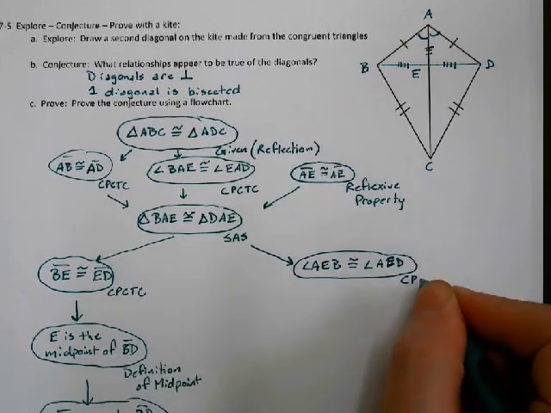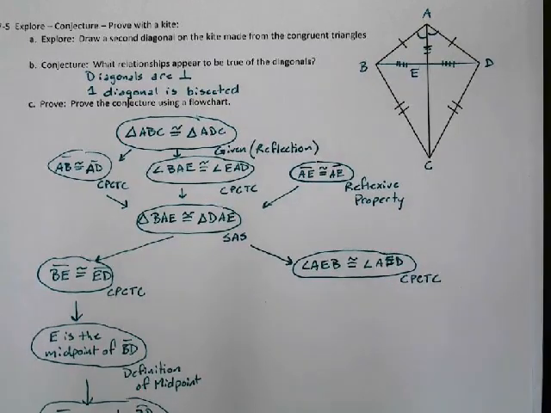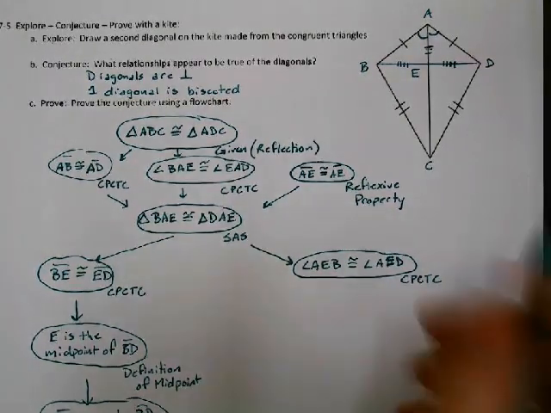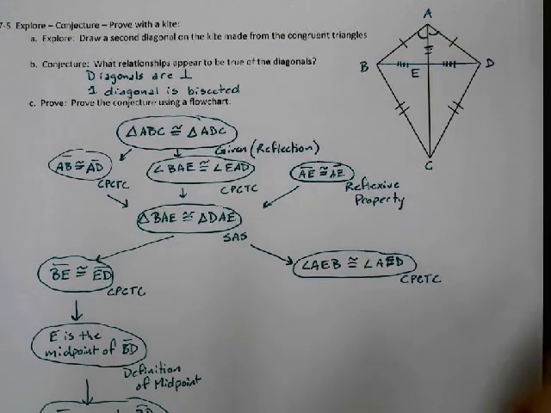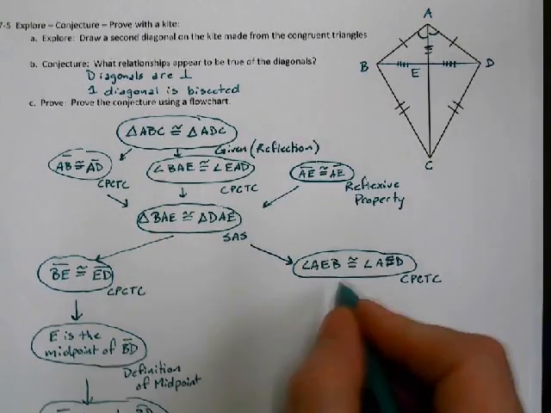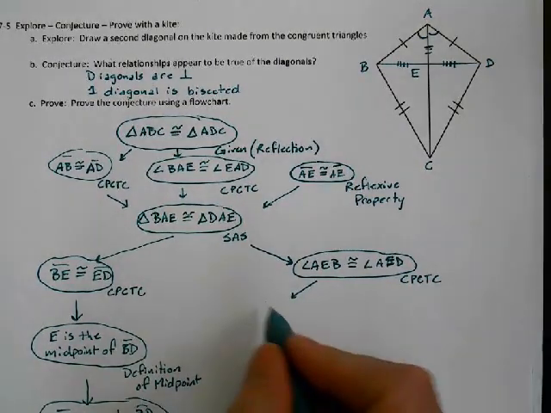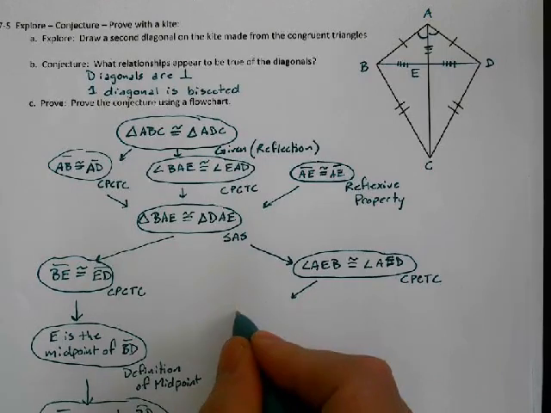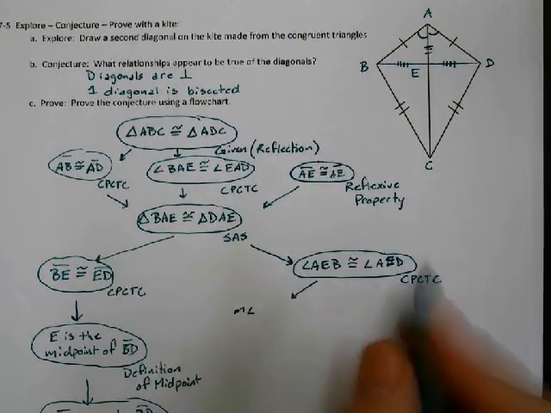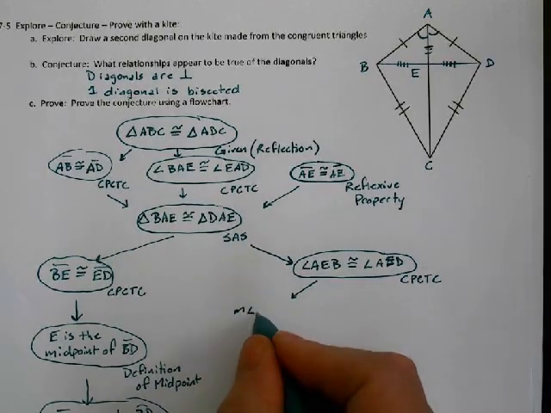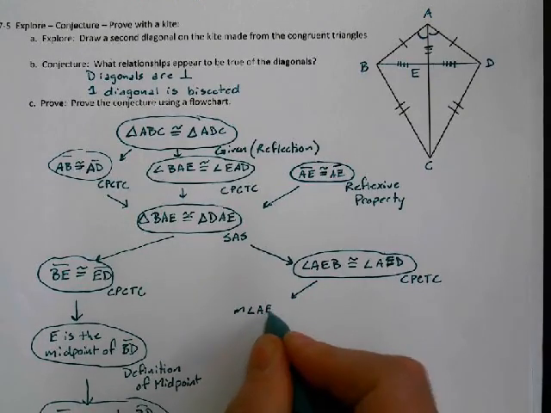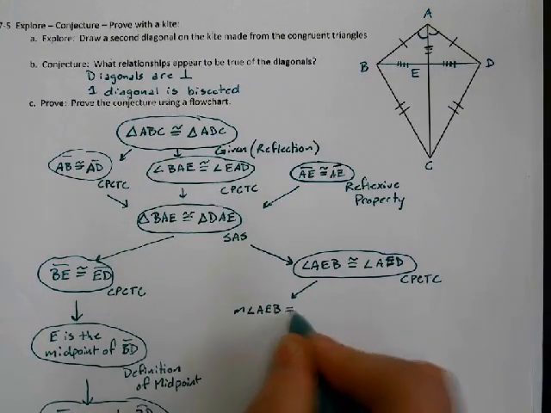I also know that if they are congruent to each other, that means their measurements are equal to each other. So the measurement of angle AEB is equal to the measurement of angle AED. That's the definition of congruence.